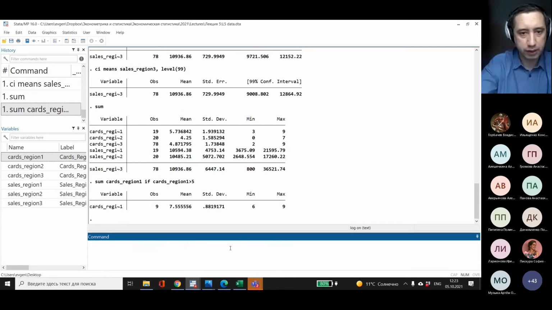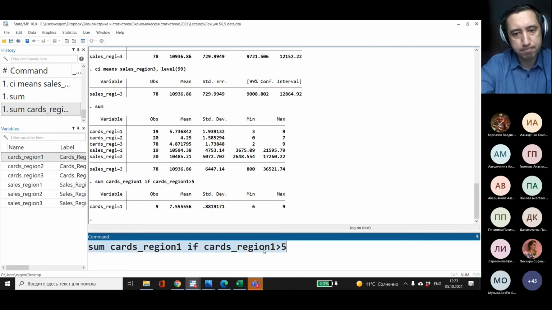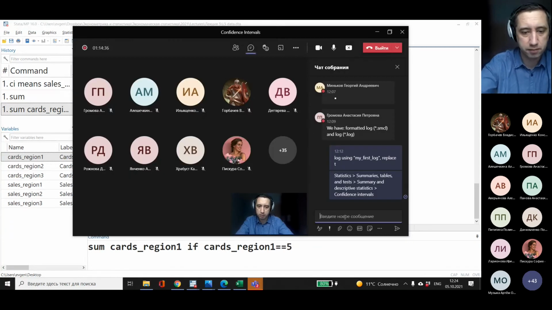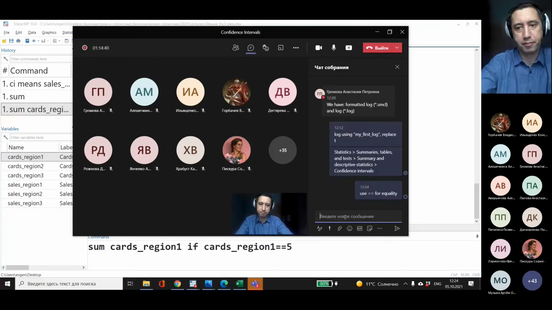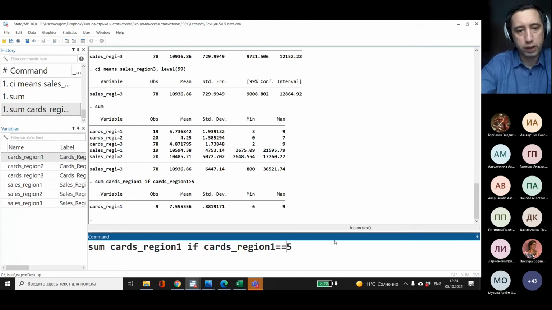And Stata recalculates the sample statistics, and look, the mean is different. Well, you have to work with if statements a lot in Stata. So you can use bigger, smaller, no less, no bigger, or equal. If you use equal, please always use double equals, ==, for equality.